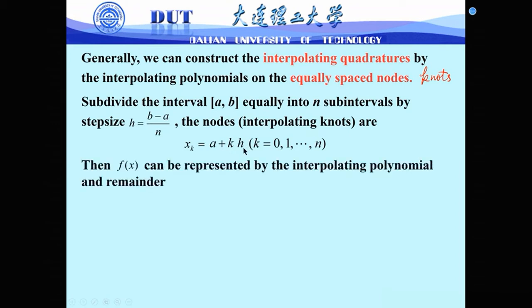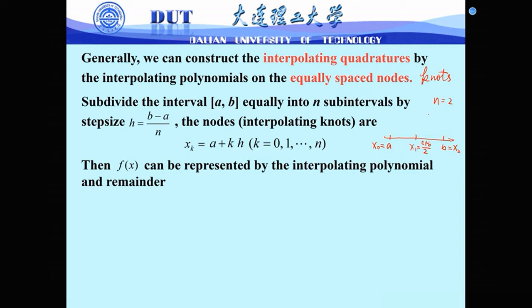So here I write: here is a, here is b. For example, if n equals 2, that means we obtain two equal subintervals. Then we choose x0 equal to a, when k is 0. And x1 is the middle point, so (a plus b) over 2, and b is the end point, so it is x2, because n equals 2.